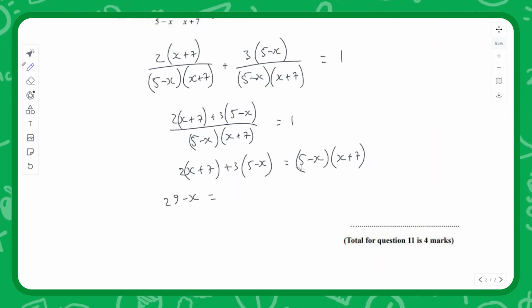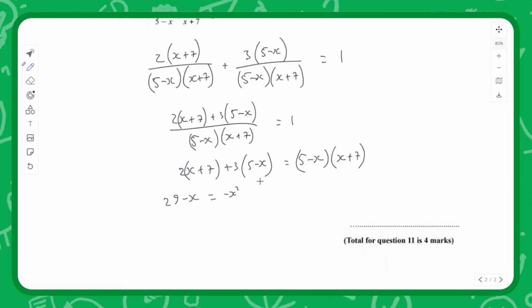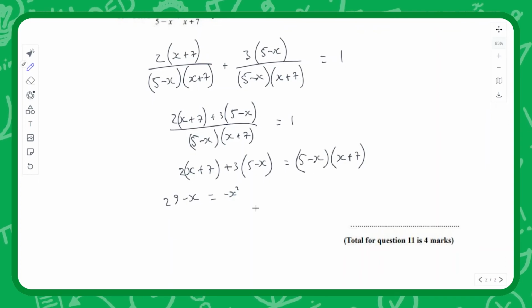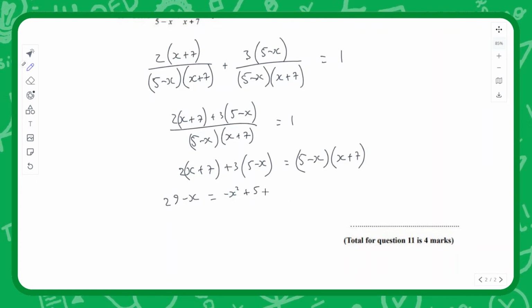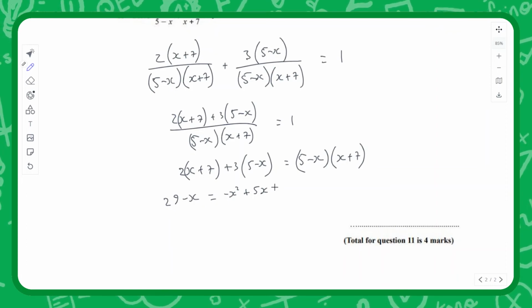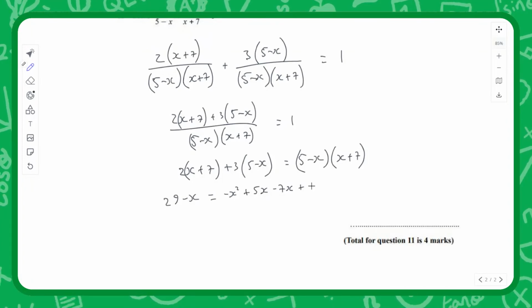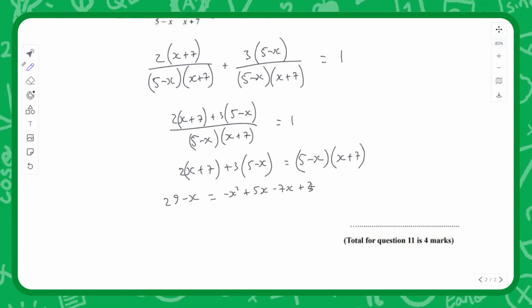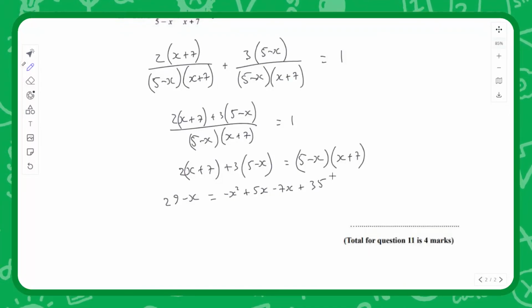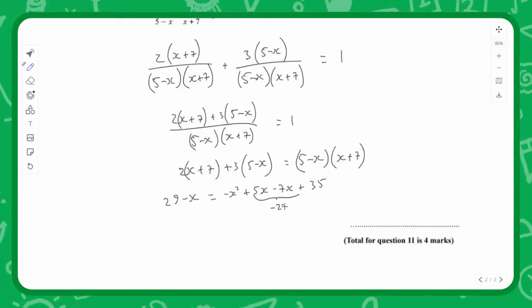My right-hand side, I'm going to end up with minus x times x, so minus x squared. I'm going to get x times 5 to get plus 5x. I've got minus x times 7 to get minus 7x. And I've got 5 times 7 to get plus 35. And I know that 5x minus 7x is just minus 2x.